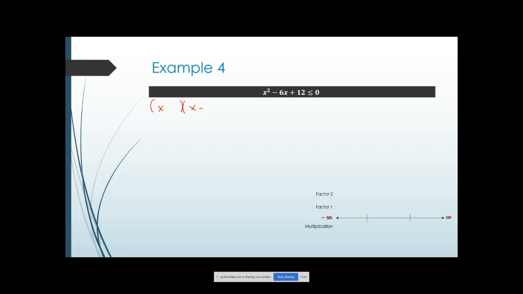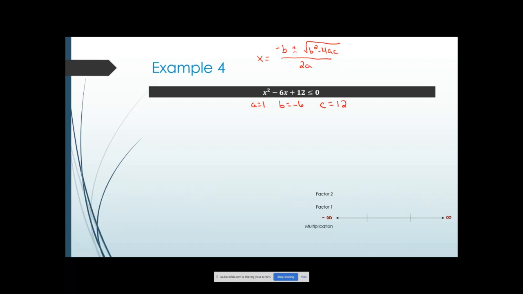So if you get something that doesn't factor and you've gone through all the possibilities, you have to use the quadratic formula to figure out where it's going to be 0. So just rewrite the quadratic formula here. x equals negative b plus or minus square root of b squared minus 4ac all over 2a. Okay, so a is 1 because the number in front of the x squared is 1, b is negative 6, and c is 12.